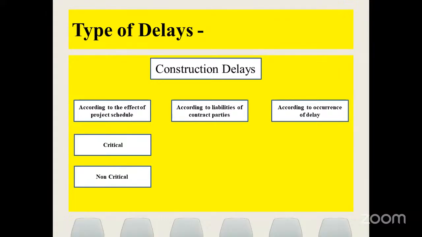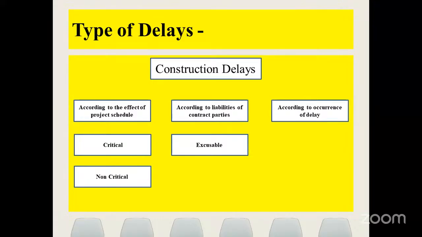So if you delay a non-critical activity, until you have a reasonable total float, that activity doesn't show any effect on schedule. But once the total float becomes 0, that will start impacting the completion date of the project.